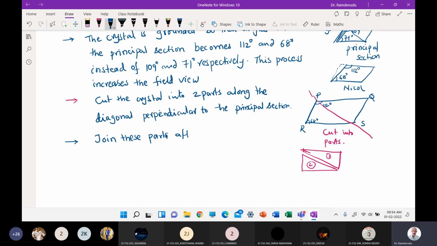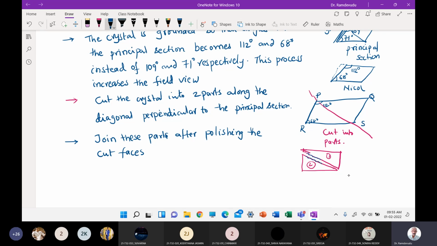After polishing the cut faces. So these are the cut faces. When I cut these faces, there will be small scratches and the surfaces are not plain.